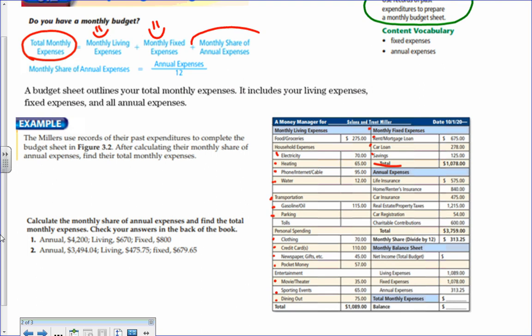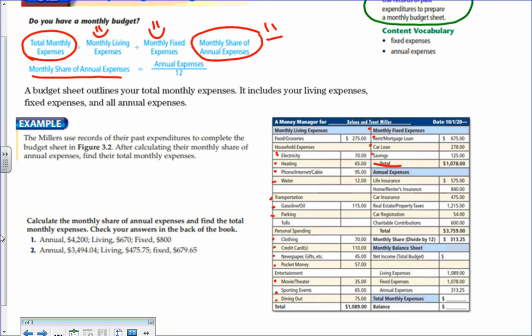Here is the difficult one. This is the one that's kind of like, the meh one. So for your annual expenses, in order to get them to behave in a monthly budget, we have to add them all together and divide by 12. So we'll be working on that together. And that's what this says.